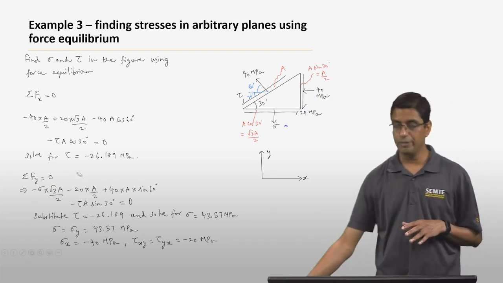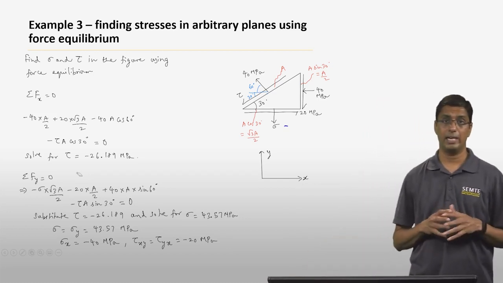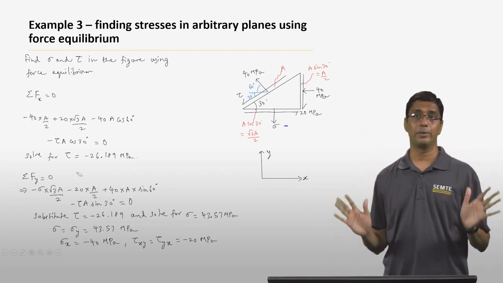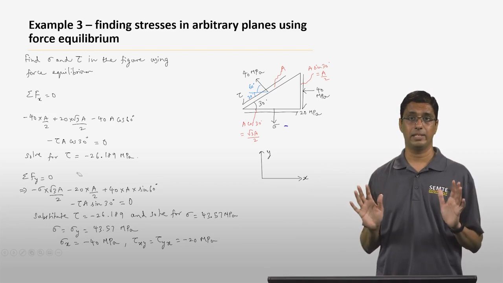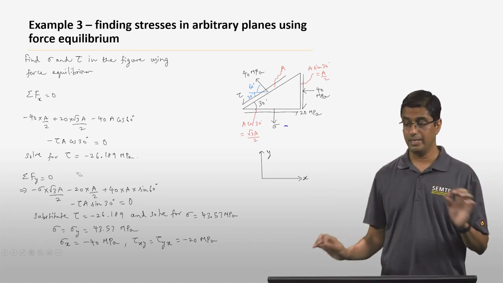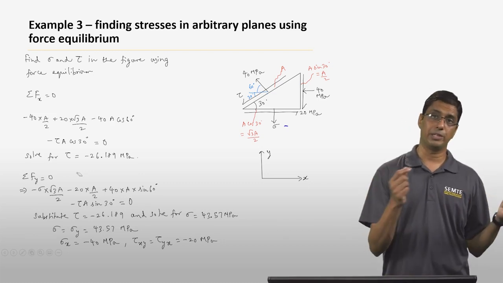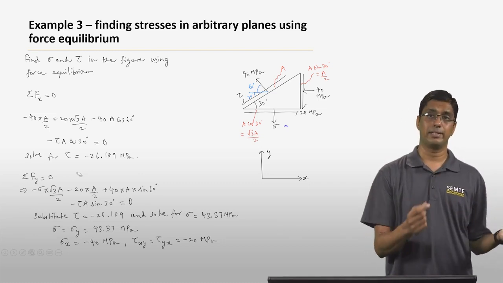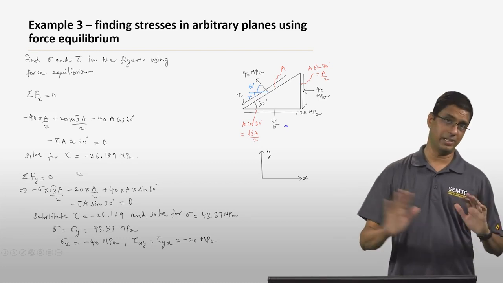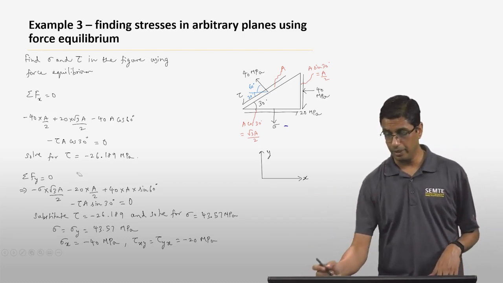But for just using force equilibrium to find unknown stresses, you just need to look at the sense in which they are acting. You don't have to worry about whether this sigma x is positive or negative. You just look at whether it's going to contribute to a force in the x direction or the minus x direction. Similarly for every other force or every other stress.